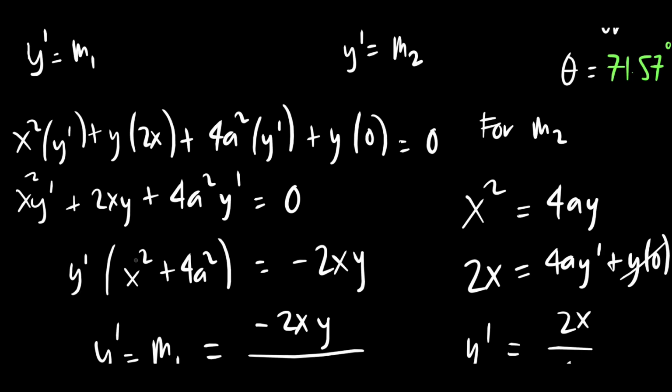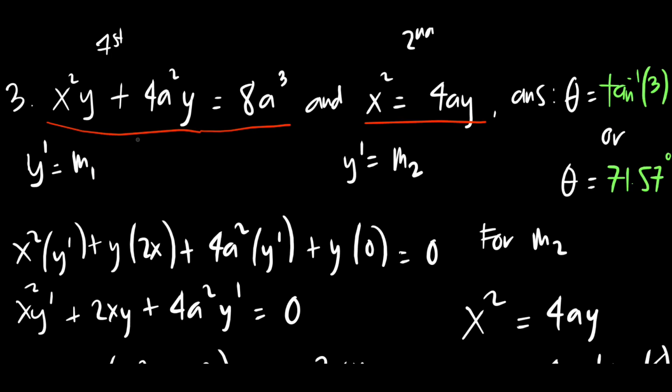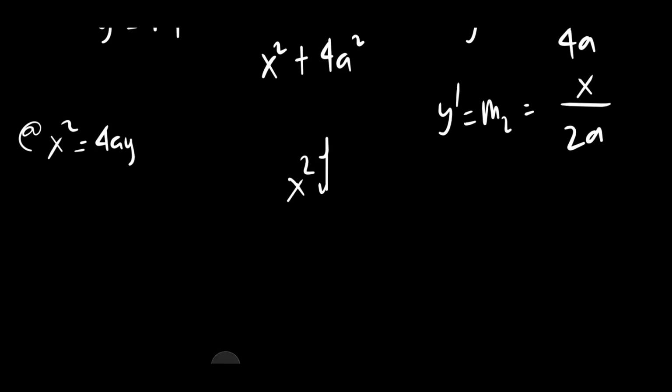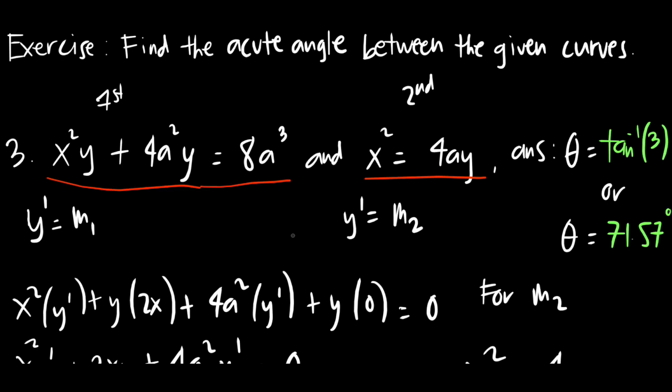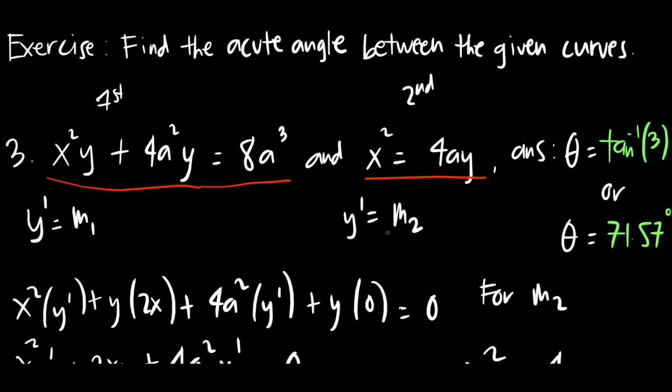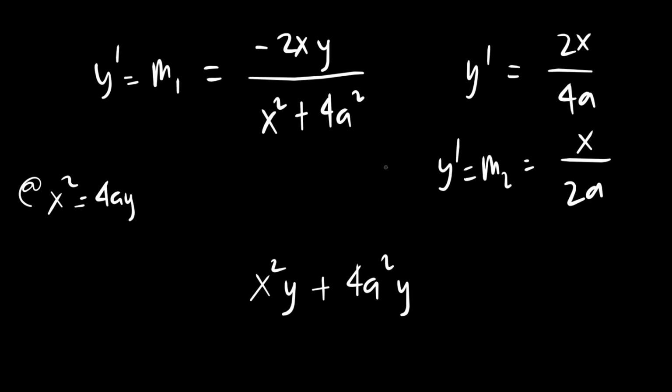So we'll list also the first curve: x squared y plus 4a squared y equals 8a cubed.